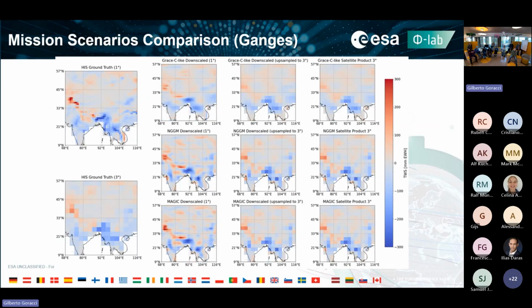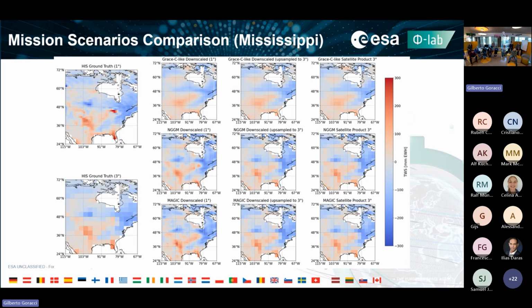Then the same applies to Ganges and Mississippi, as we will see in a moment. Also in this region, the signal from GRACE is much more attenuated, and you cannot reconstruct some of the structures. And in Mississippi as well, as you can see from the pictures.